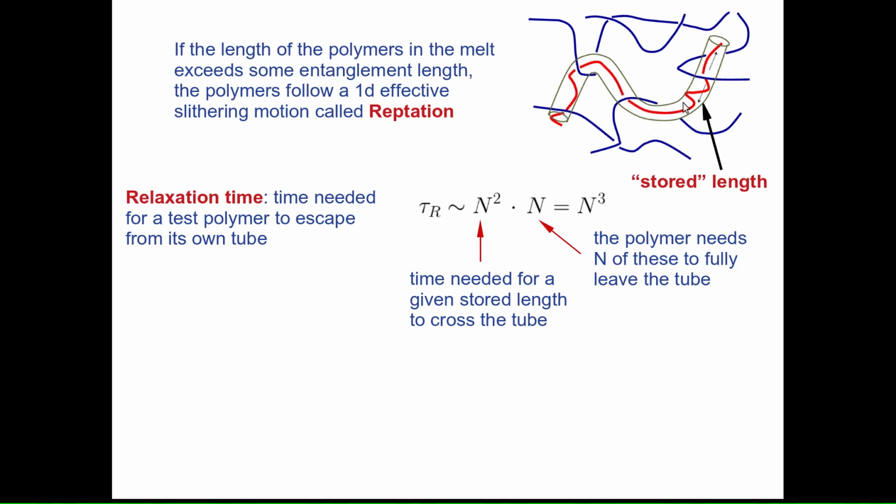The stored length can form at one end of the polymer, so you can have a little bit of compression of length, and this compressed length is propagating a little bit, diffusing up. Most of the time it will get out from the same part, but sometimes it will manage to diffuse, and following back, come out from the opposite side from where it has formed.